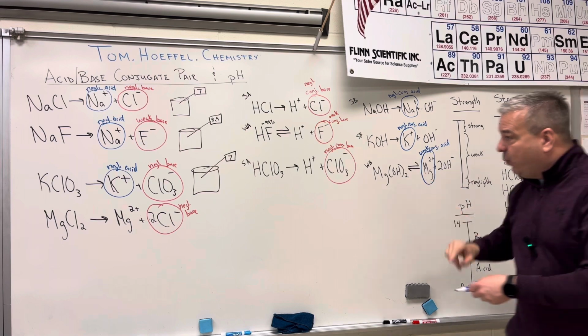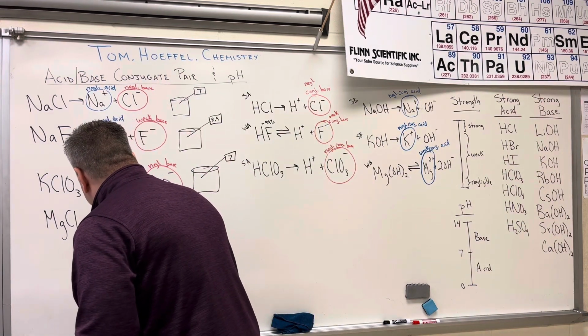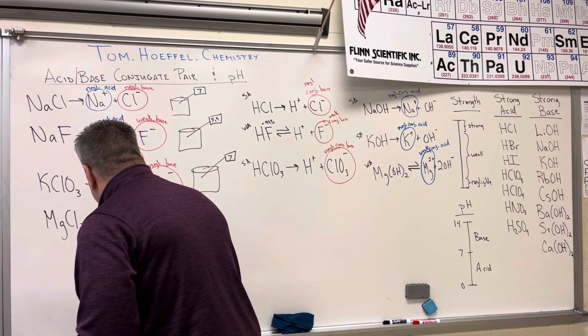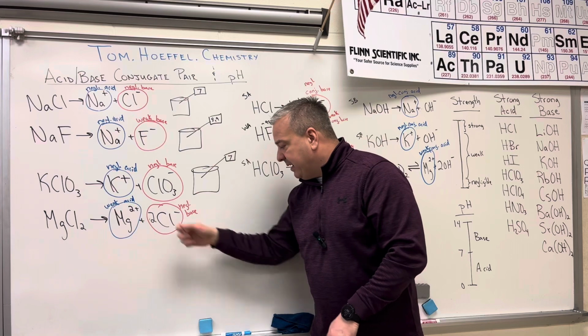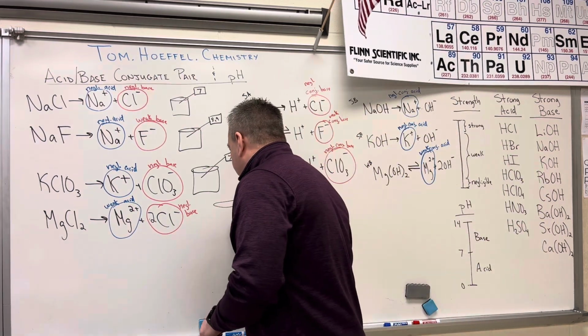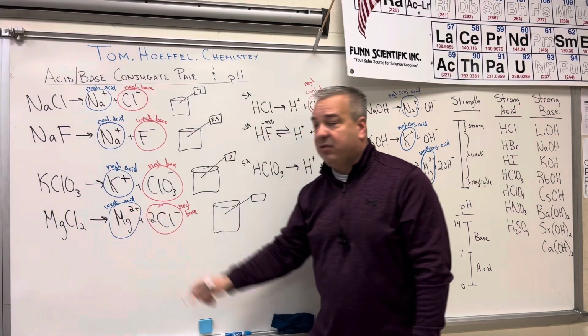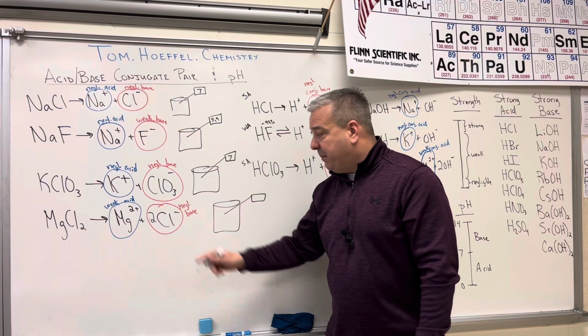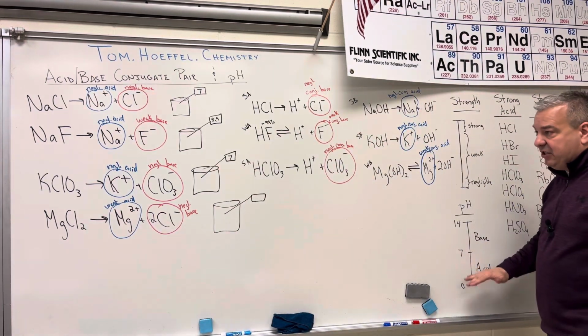So if this is a weak acid, let's come over here and identify it as a weak acid. And if you see that as a weak acid and you're mixing it with a negligible base, well, you've got one thing that affects it towards the acidic side, the weak acid, and you have the base that has no effect on pH. Well, that's going to push the pH down then.